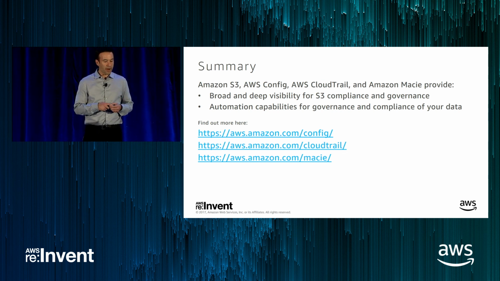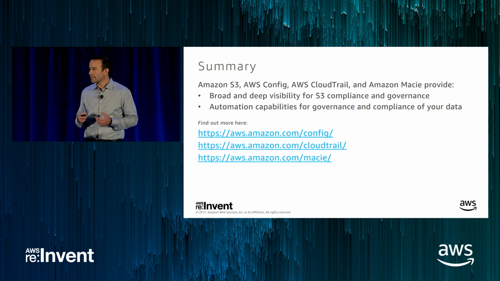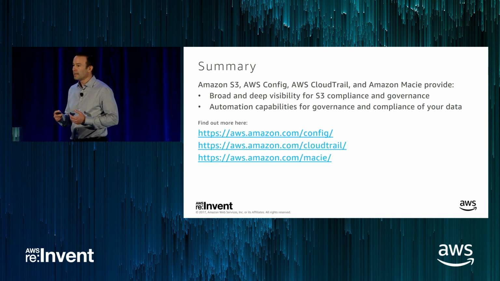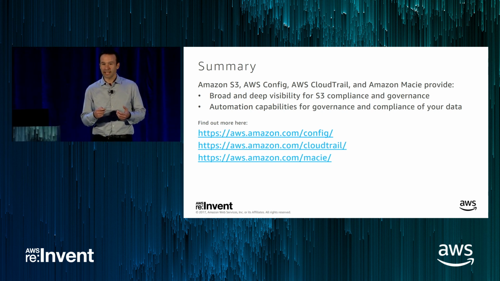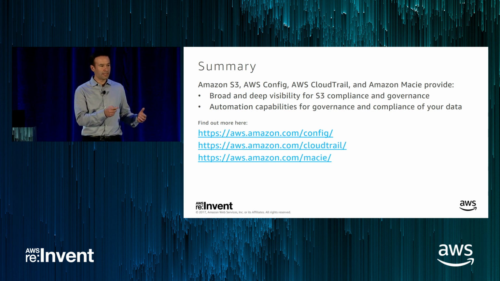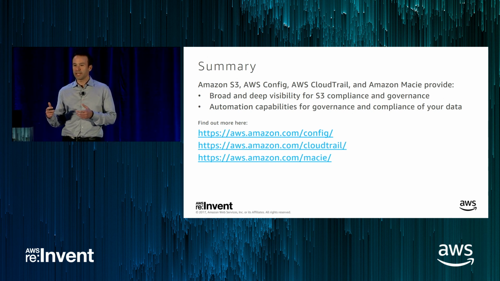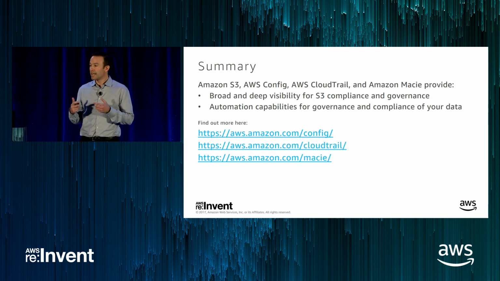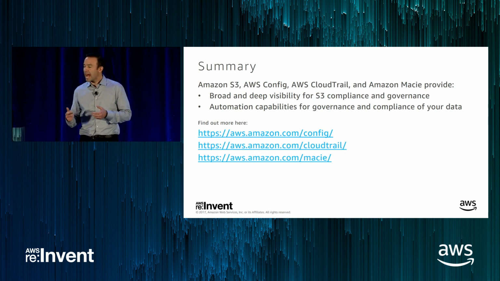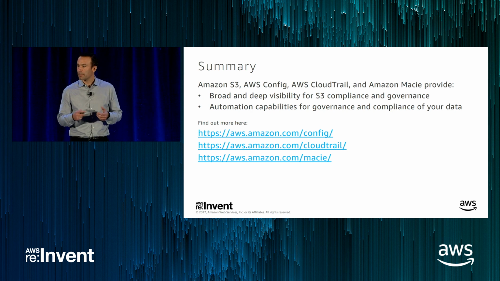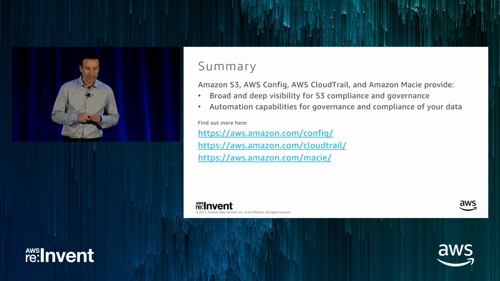And then it provides the automation capabilities for governance and compliance of that data, with the end goal being that not only are you able to strengthen your governance and compliance, but at the same time, you're able to continue to build and innovate and be very agile to meet your customer and competitor demands.